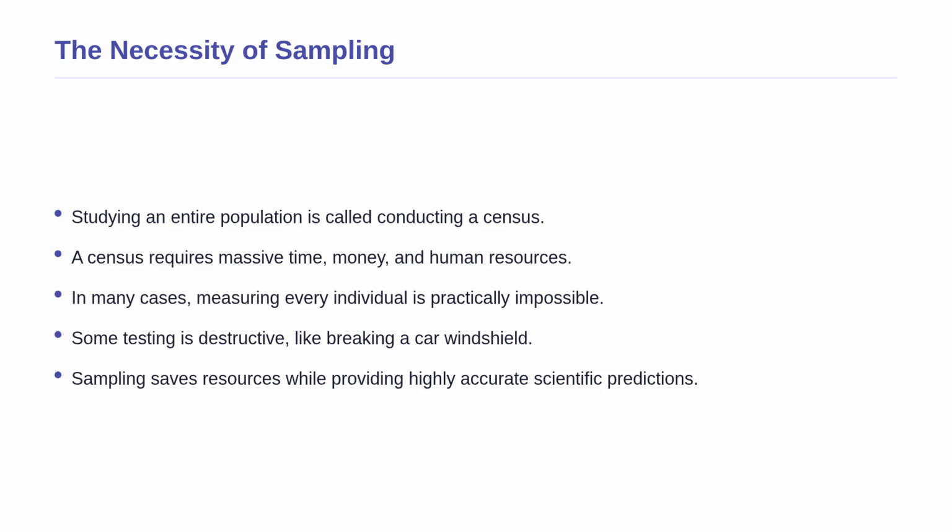Furthermore, in fields like manufacturing, testing a product often destroys it. For example, if you're testing how much force it takes to break a car windshield, testing every windshield would leave none to sell. Therefore, sampling is absolutely critical. It allows us to make highly accurate scientific decisions while saving valuable resources.